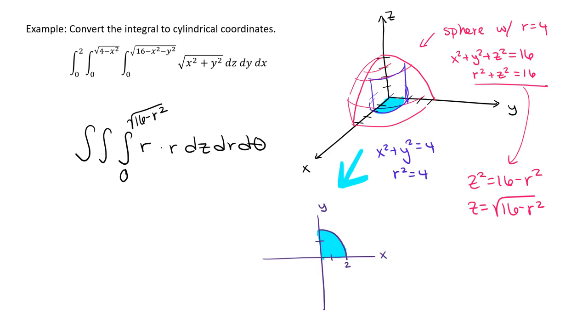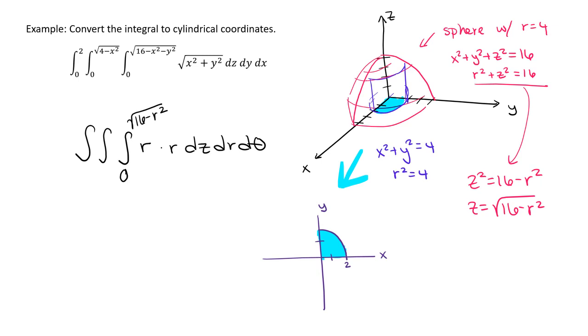And so to find our r and our theta values, I'm just going to draw the projection of this object on the xy plane. What does this object look like on the xy plane? And then I'll get my r and theta from that. So the region we're integrating over on the xy plane is just this circle with a radius of 2.